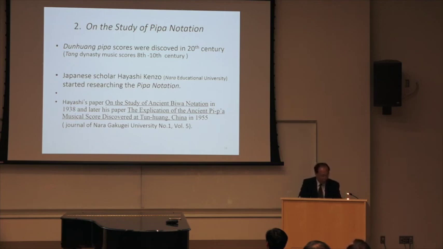This research was translated into Chinese in 1957. In later years, Hayashi Kenzo published many papers on the explication of the pipa notation and has had a far-reaching, significant influence in the academic circle.